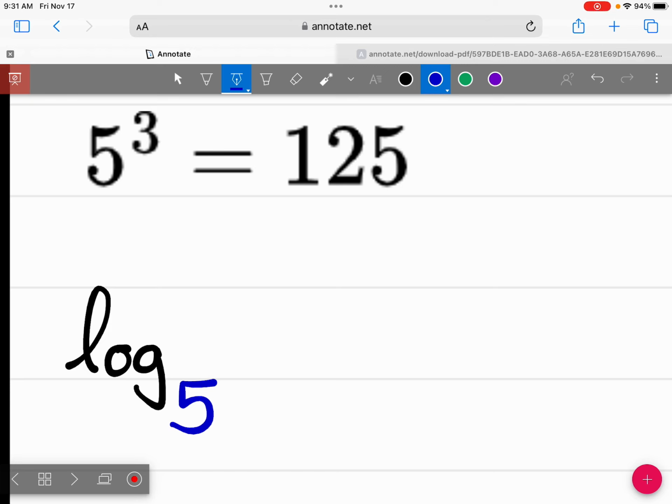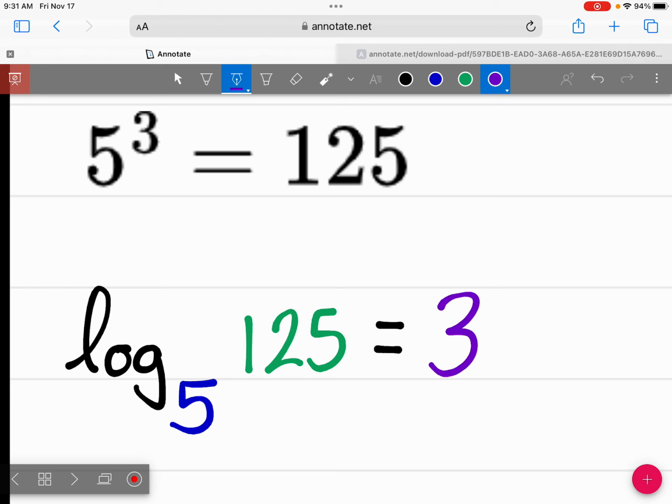The base of our exponential is the base of our log. What is our argument? 125. And it's going to equal our exponent of 3. The whole point is for the power to be isolated, if that helps you remember. I want the power away from everybody else, so he's alone.